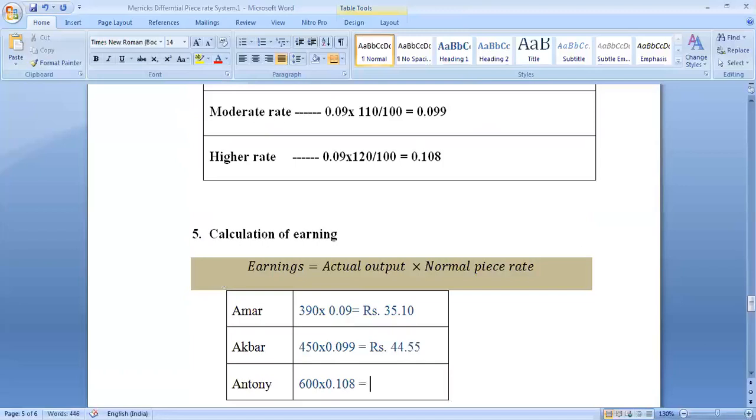For Anthony it is 600 into 0.108, that will be 64.8. This is the earning of Anthony. This is how we calculate the earning of every individual by separating them slab wise according to their efficiency level.